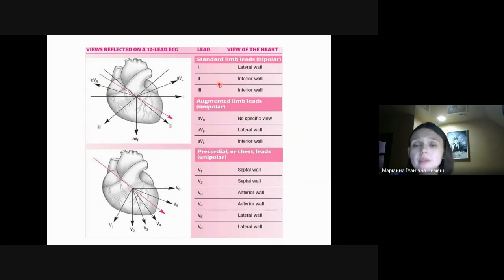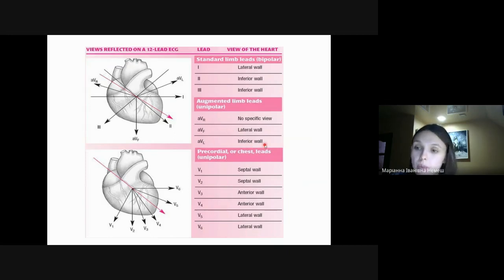The second lead is responsible for the inferior wall of the heart. The third one will reflect the function of contraction of the inferior wall of the heart. Among the augmented leads, aVR doesn't have a specific area. aVF, the same, will reflect the function of the lateral wall.